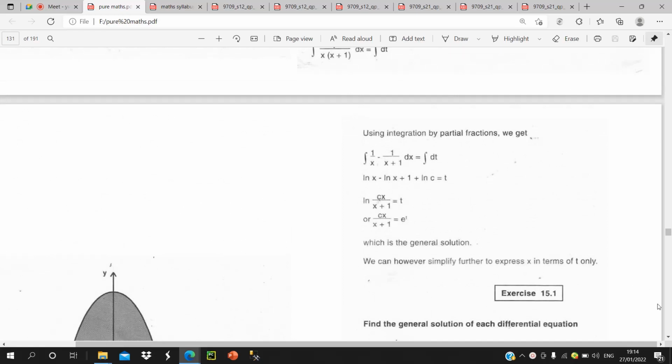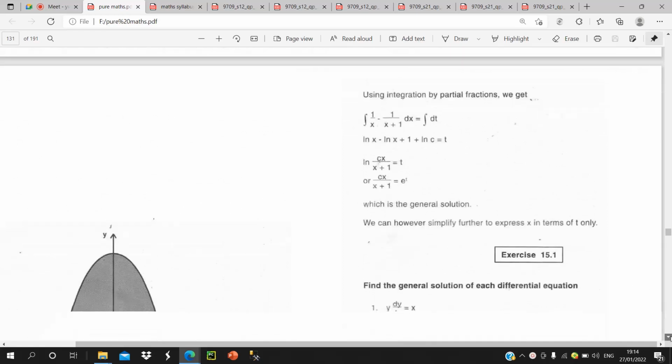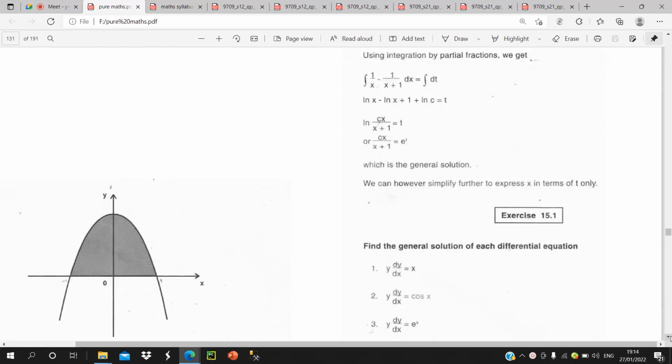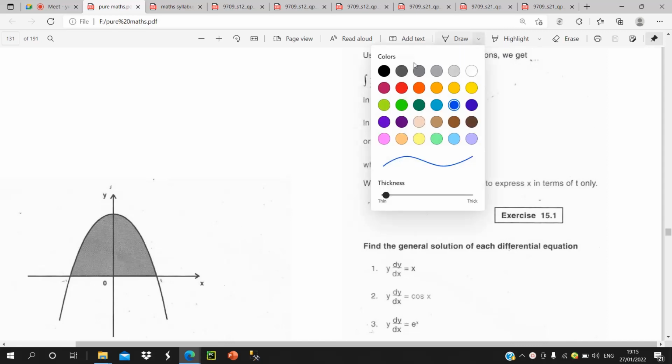Right, so we are looking at differential equations. We said a differential equation is an equation which contains variables and their derivatives. For example, let me select the ink.